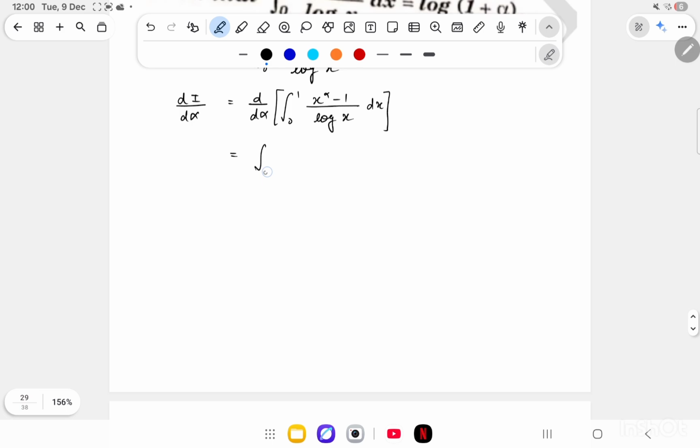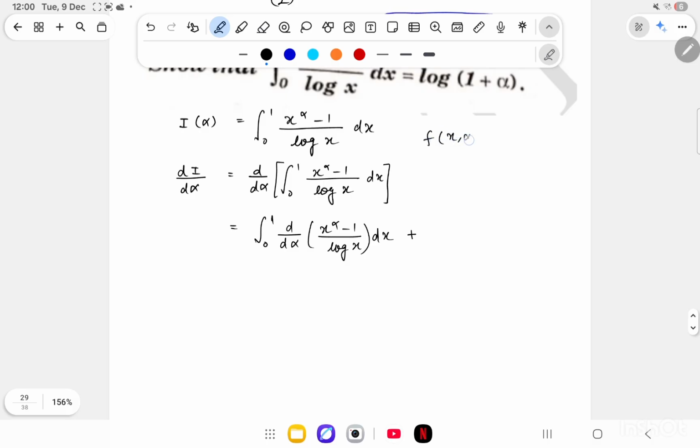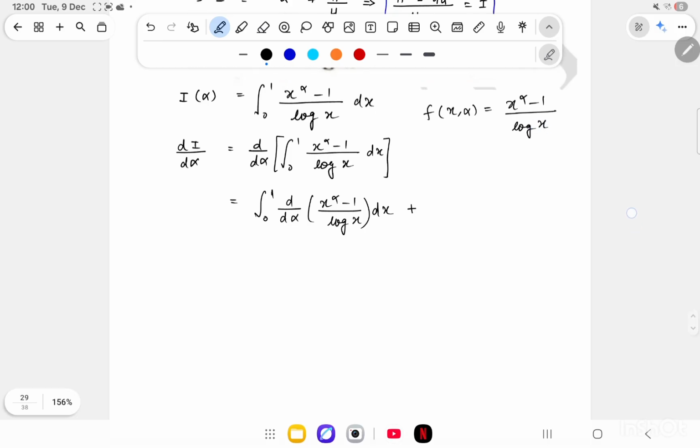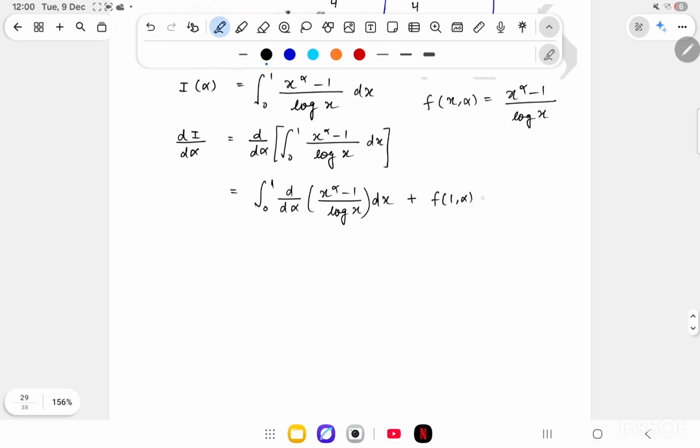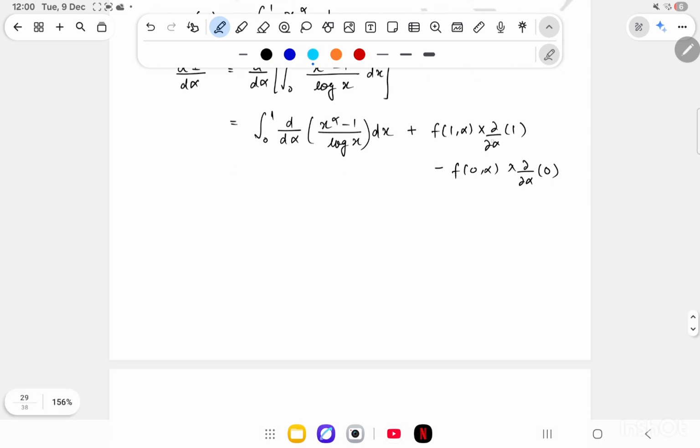This will be equal to the integration from 0 to 1 of d by d alpha of (x^alpha - 1) divided by log x dx, plus, if we name the integrand as f(x, alpha) = (x^alpha - 1) divided by log x, f(1, alpha) times the differentiation of 1 with respect to alpha, minus f(0, alpha) times the differentiation of 0 with respect to alpha. Now since 1 and 0 are constants, their differentiation with respect to alpha will be 0. So this term becomes 0 and this term also becomes 0.